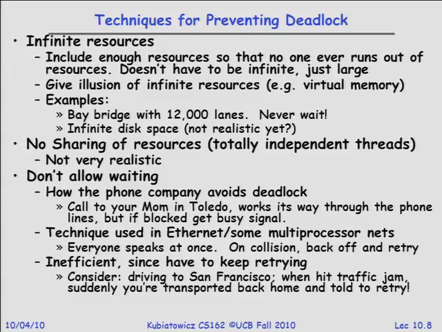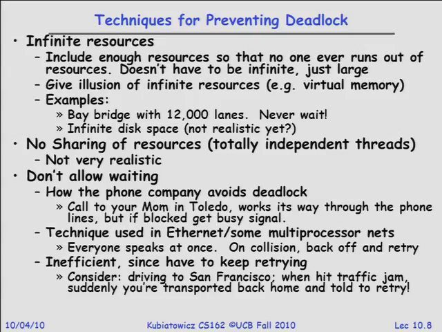Basically what this is doing is getting rid of hold and wait, and therefore we never get a deadlock. Now, there is some inefficiency there, and this is why Ethernet and some of these other algorithms can never get 100% throughput, because as you have more and more requesters, your efficiency levels out because everybody's retrying.